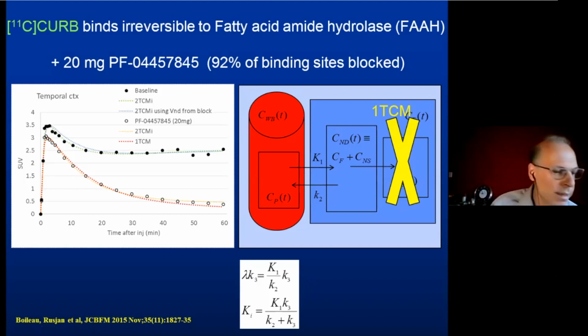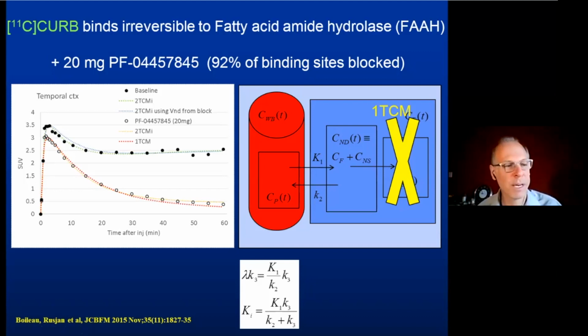So to summarize this experiment and this talk, it's very common that the assumptions of the model are violated. So we need to take some decisions. More than one model can be good for modeling a radioligand and getting a parameter to quantify a protein.